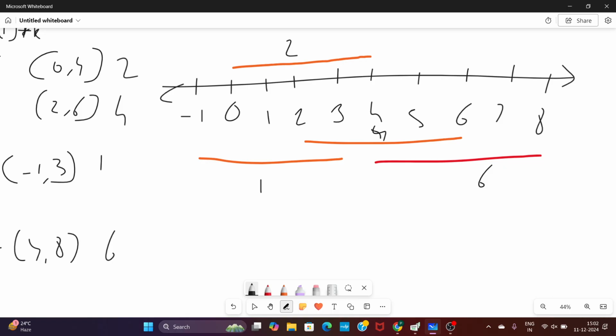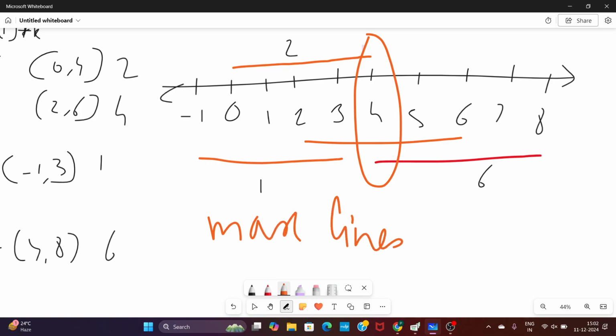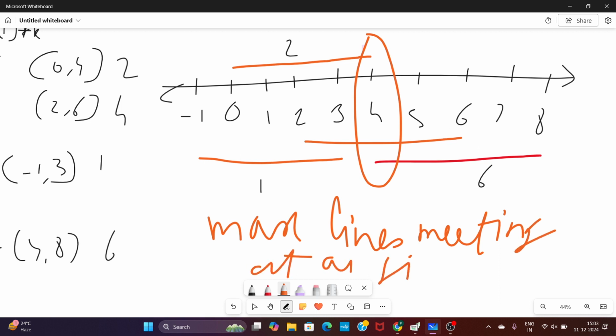As you are able to see, all three lines are meeting at 4. We will look for the maximum number of lines meeting at a single position.